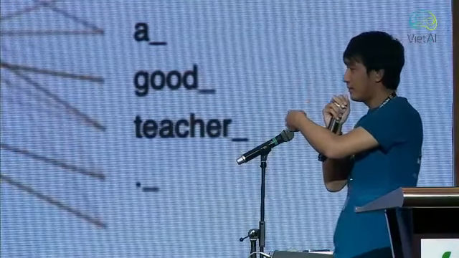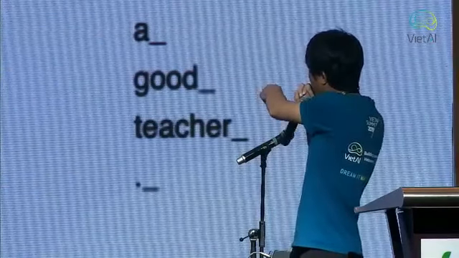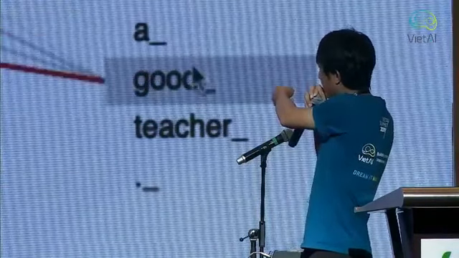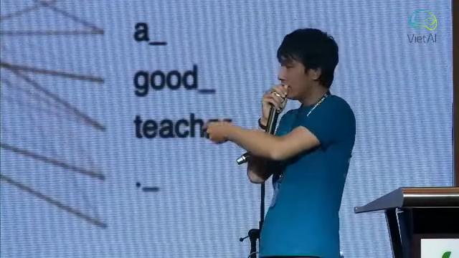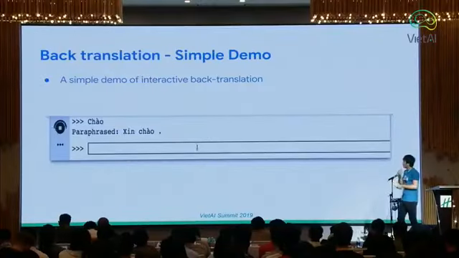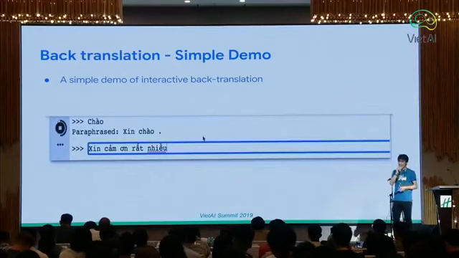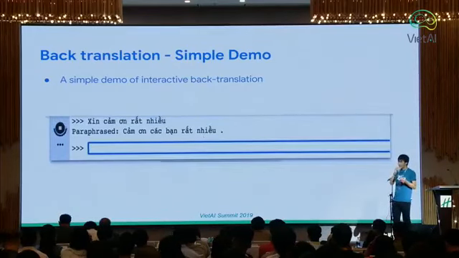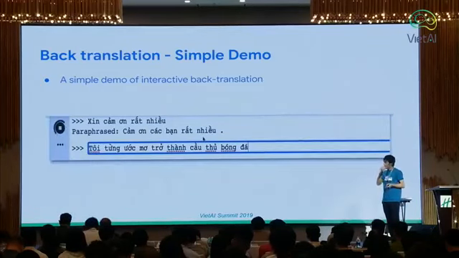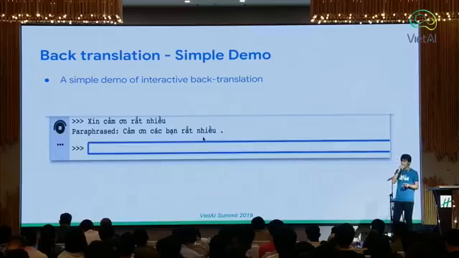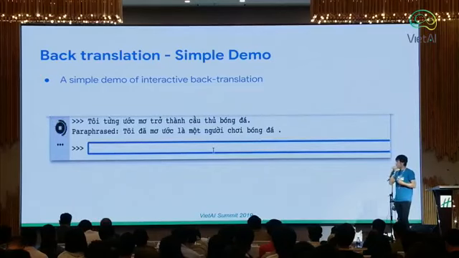And you can see here, when the transformer translates "good teacher", it attends to the words "thầy giáo giỏi", which makes a lot of sense. We also wrote a Colab that can perform back translation interactively. For example, you can type any input in Vietnamese, and we will output the paraphrase immediately.